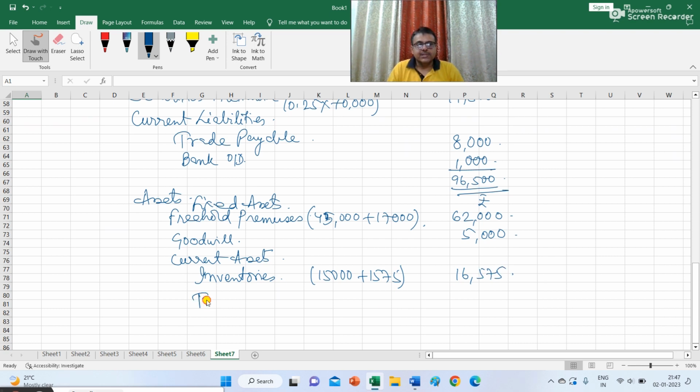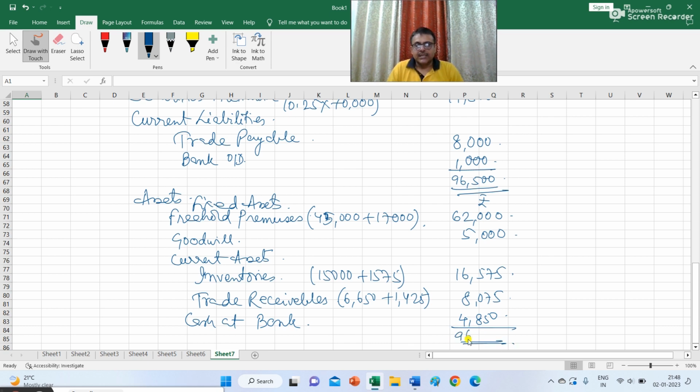Then trade receivable. So trade receivable is 6,650 plus 1,425. If you add up these two figures, you will get 8,075. And cash at bank of X Limited is 4,850. So if you add up the figures of assets, you will get a total of 96,500.